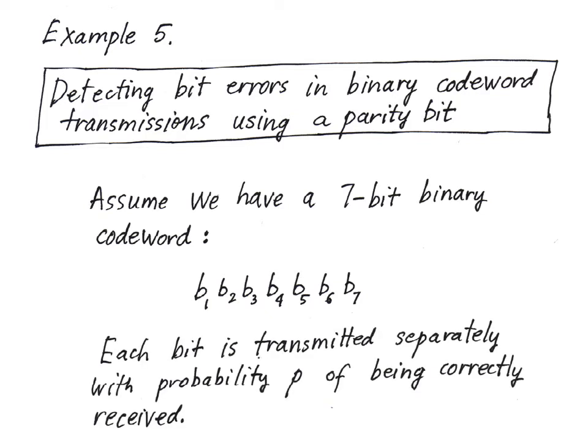Assume that each bit is transmitted separately, such as down a serial communication channel, one right after the other, and that the probability that each is correctly received is p, independent of the rest.